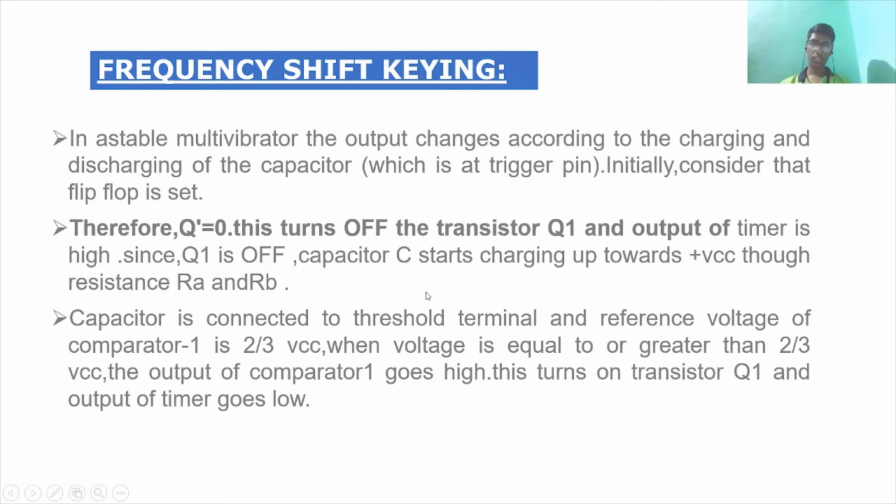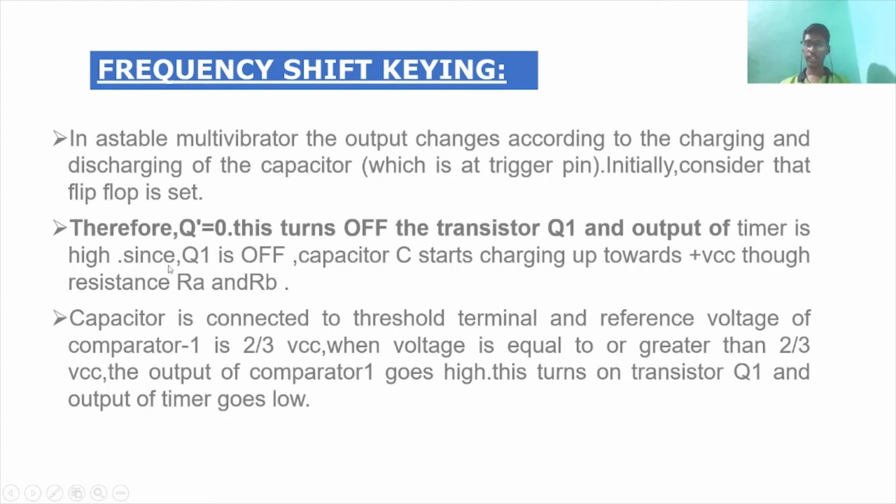The capacitor is connected to the threshold terminal, and the reference voltage of comparator 1 is two-thirds of VCC. When the voltage is equal to or greater than two-thirds of VCC, the output of comparator 1 goes high. This turns on transistor Q1 and the timer output goes low.